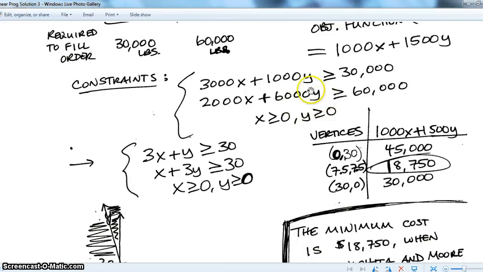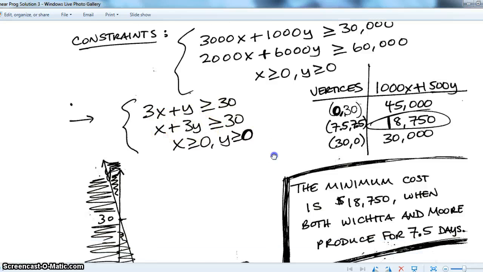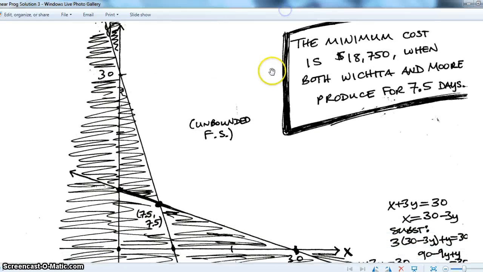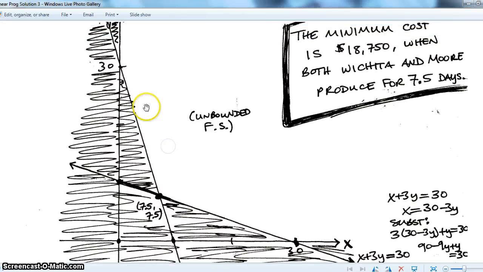Reduce these two. So notice it's going to be much easier if you cancel common factors here. You get really nice inequalities, 3x plus y, x plus 3y. And if you graph those, you get a feasible set that looks like this. So this is 3x plus y equals 30, x plus 3y equals 30, and then the two of them meet here at the point, if you solve these two equations, they meet at (7.5, 7.5).